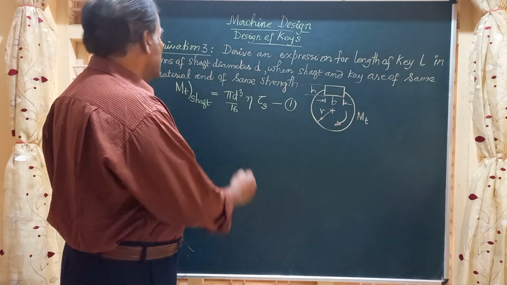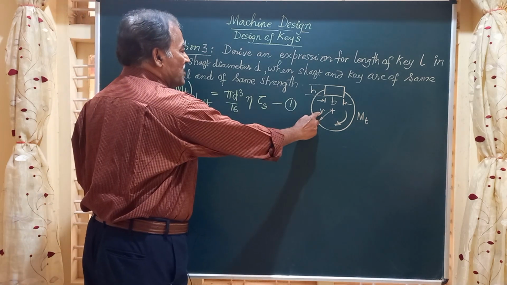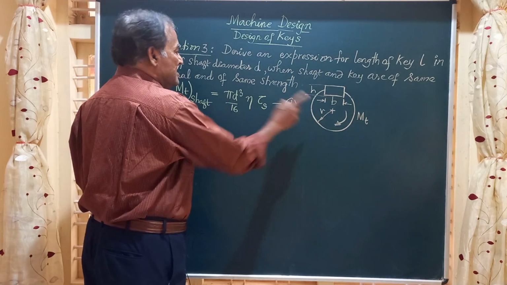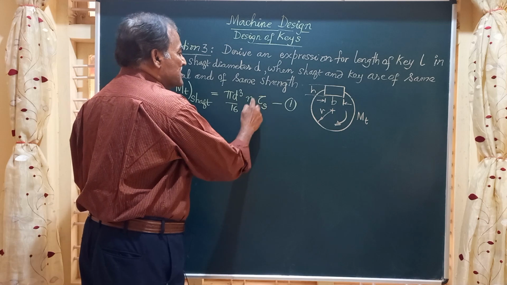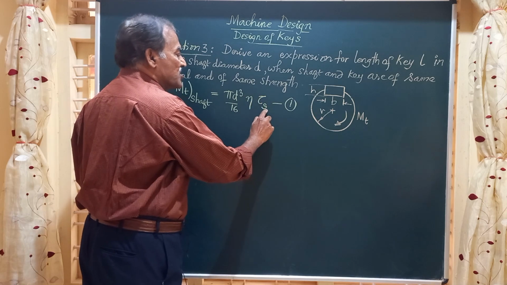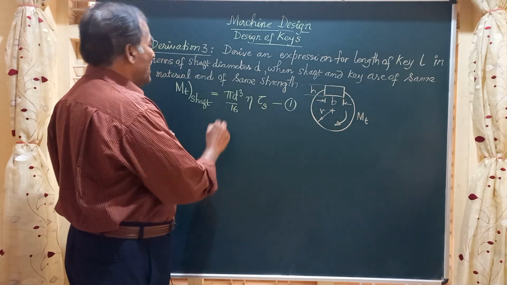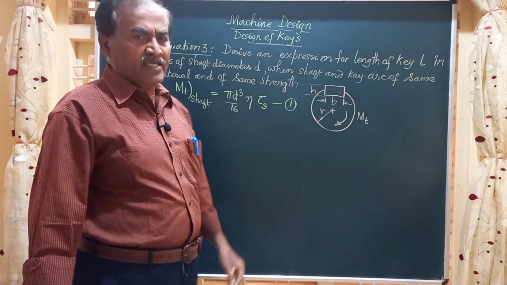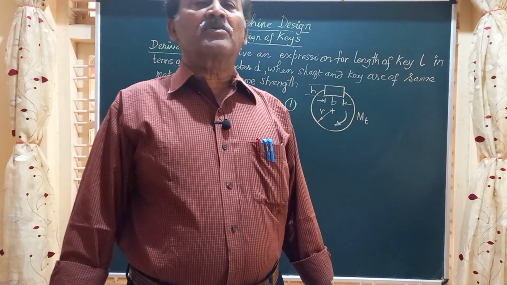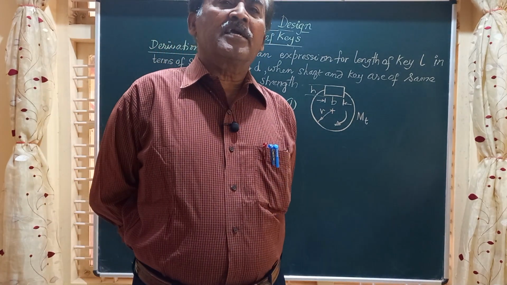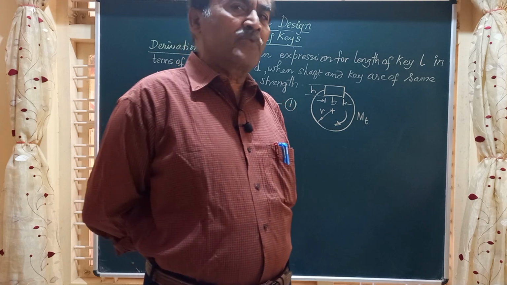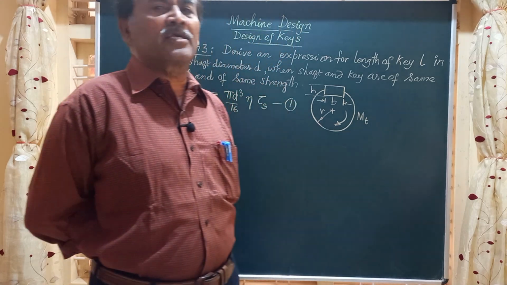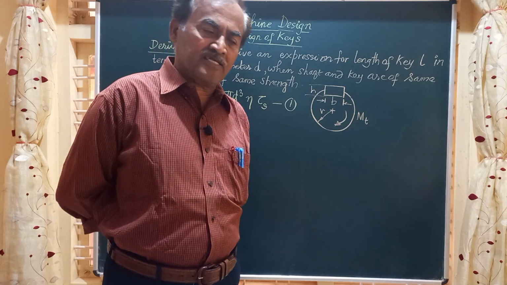So here friends, D stands for the diameter of the shaft, which is 2 times the radius, and tau s stands for the shear stress for the shaft material, and this eta is a term called a keyway factor. So basically we should know what a keyway factor is.